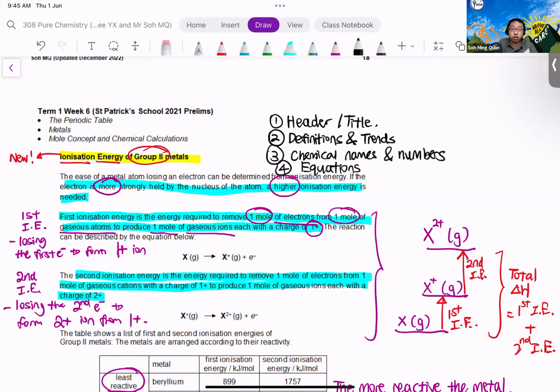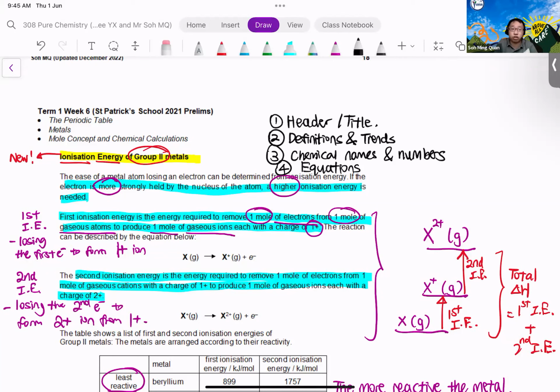Which carbonates don't decompose? The most thermally stable carbonates. And why do you think strontium and barium carbonate are the most thermally stable? Because strontium and barium are the most reactive in group 2.